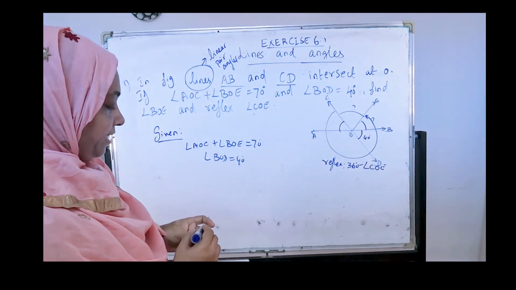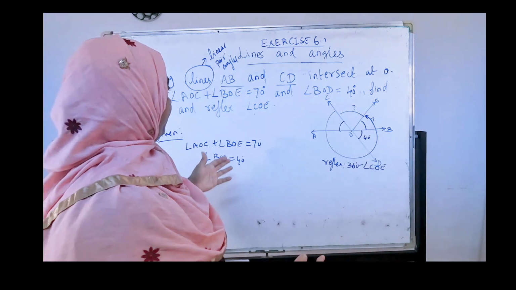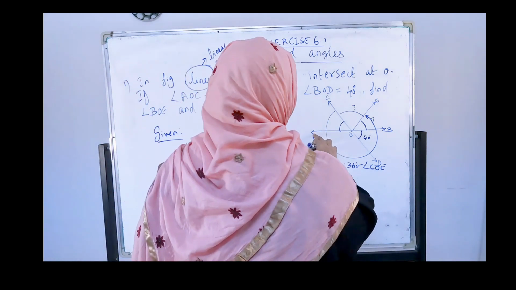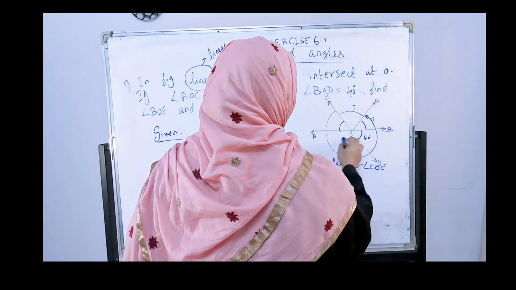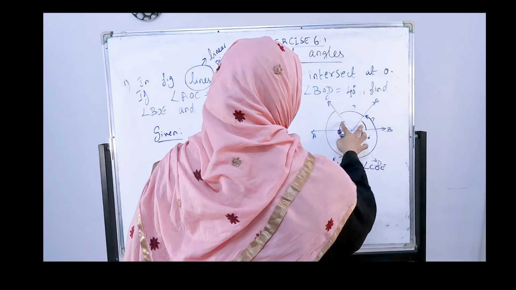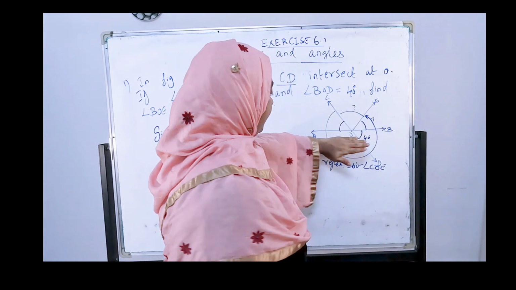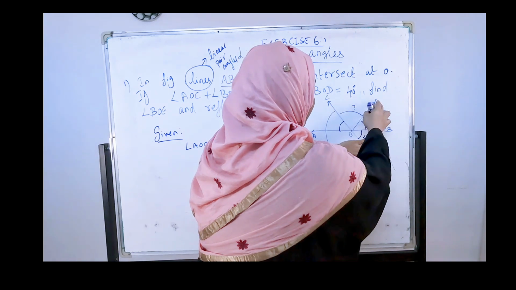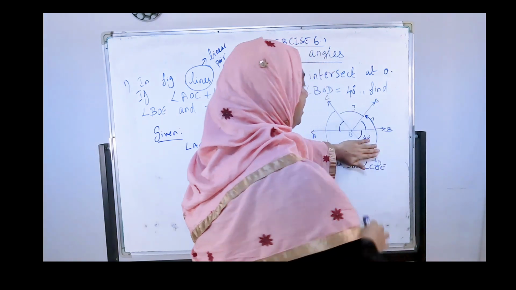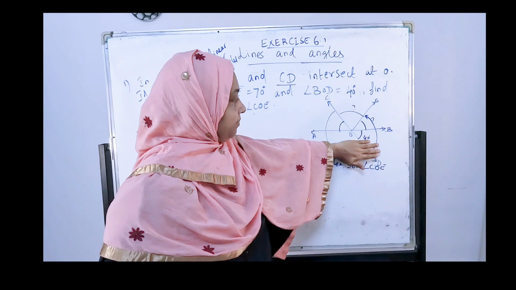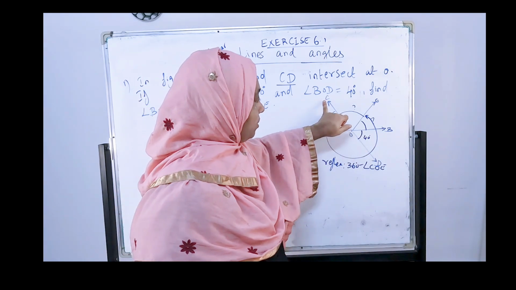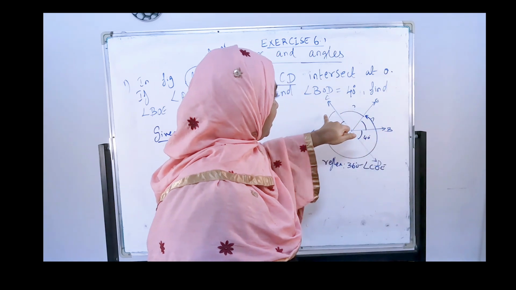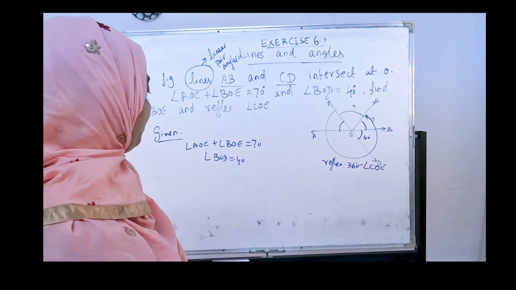First we will check whether any property, that is linear pair of angles, is coming or not. In line AB, AOC, COE, EOB, these three together make a linear pair of angles.